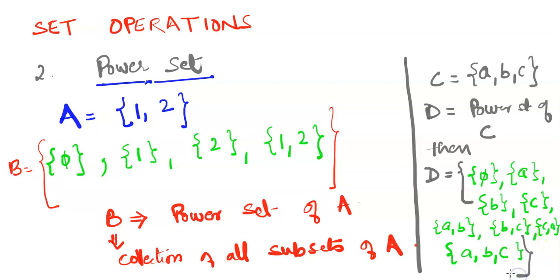So D is the power set of C, that is, it contains all possible subsets of C. We will conclude this video here, but we will continue with set operations in the coming videos. A few other videos will have more set operations.